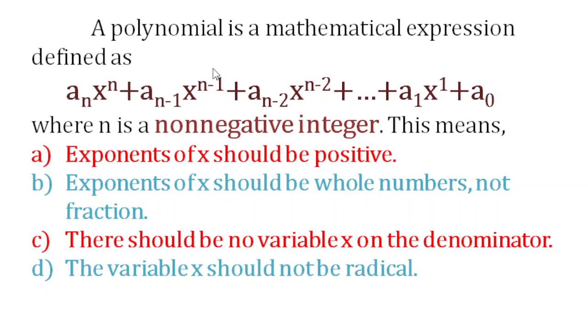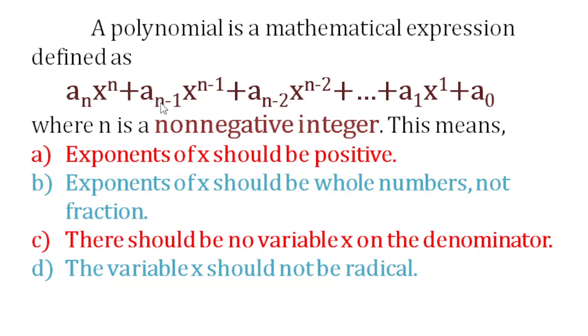So here, if you notice, we only have x as our variable. This a sub n is the coefficient of our leading term, and this n here is the exponent.